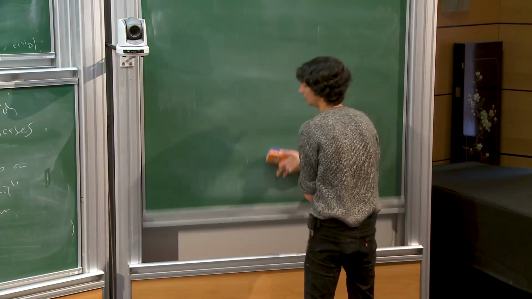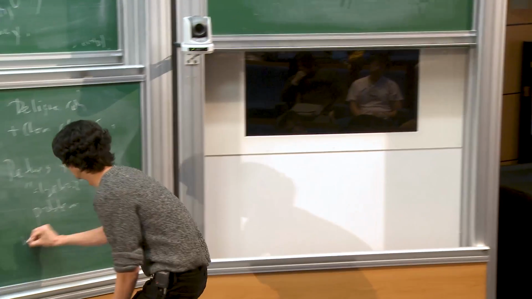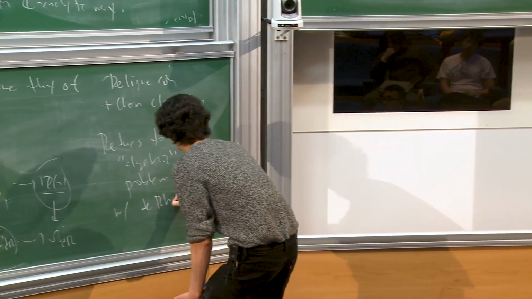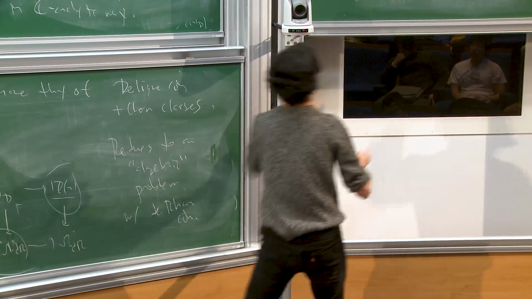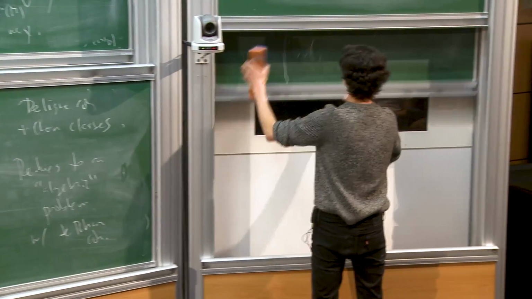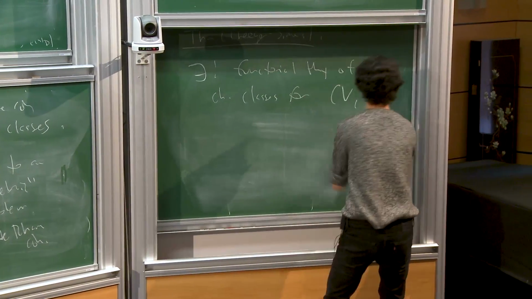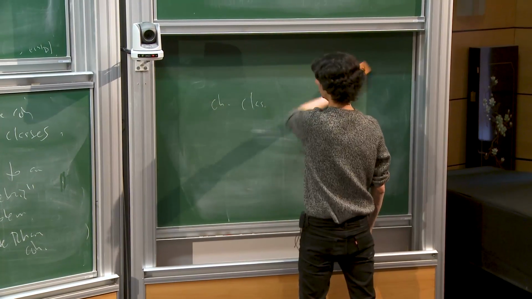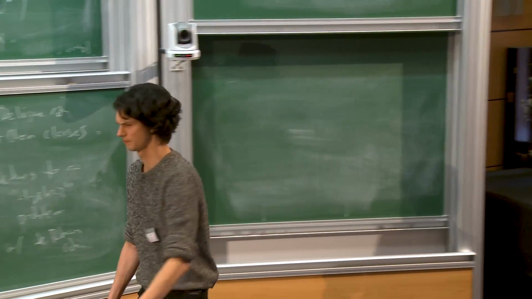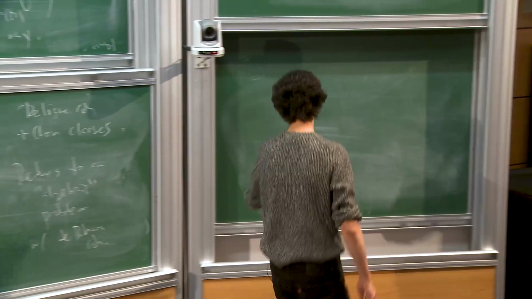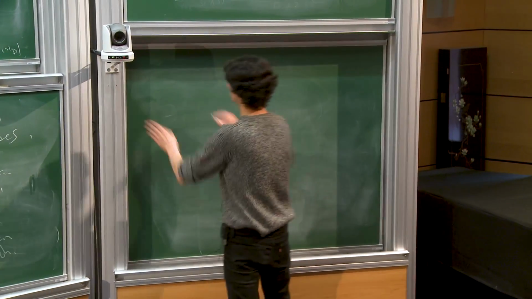So, algebraic problem with de Rham cohomology. So it's an idea of Cartan.